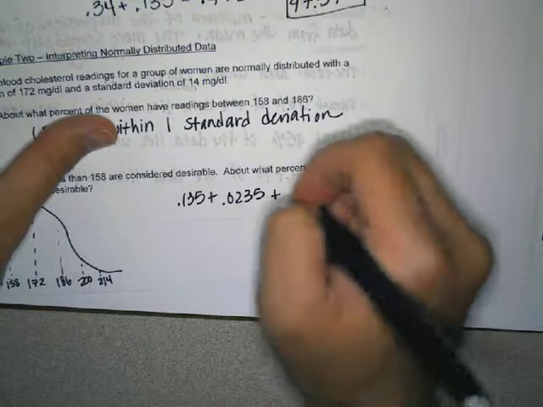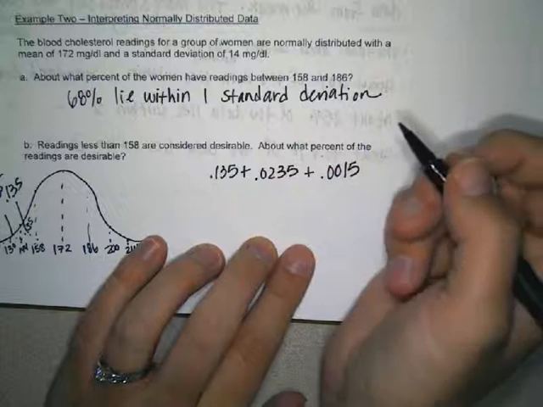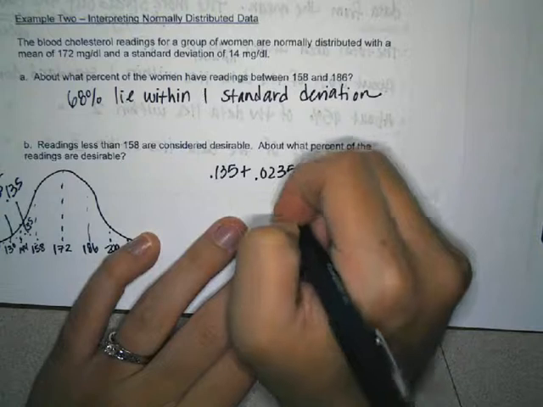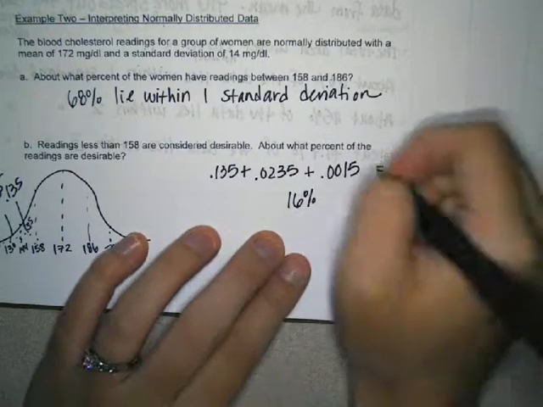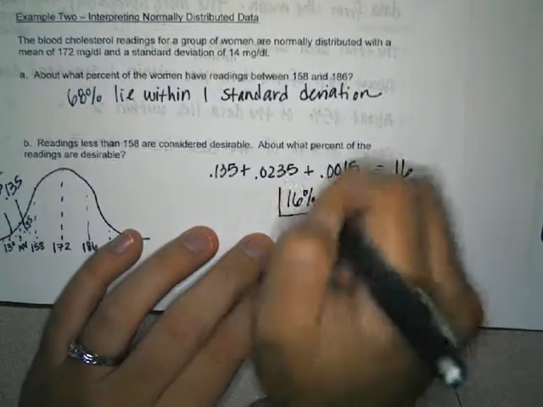And when you add up those three readings, you end up getting 16%, because you get 0.16. So in all the readings, 16% are considered desirable.